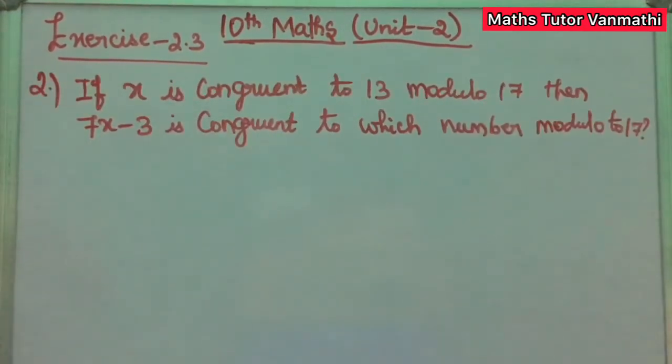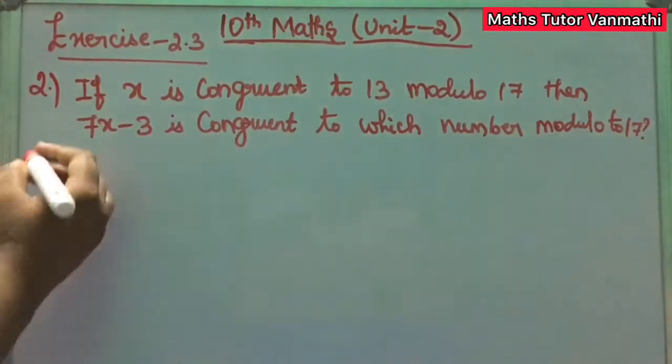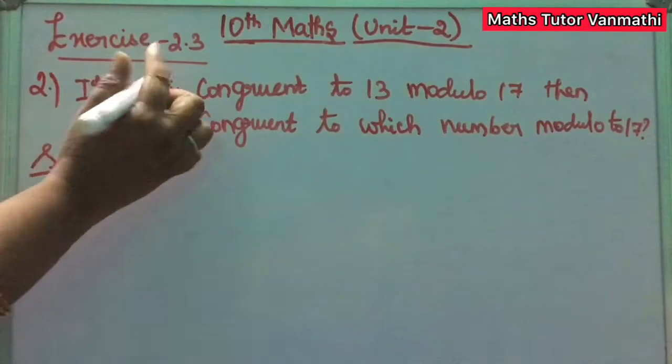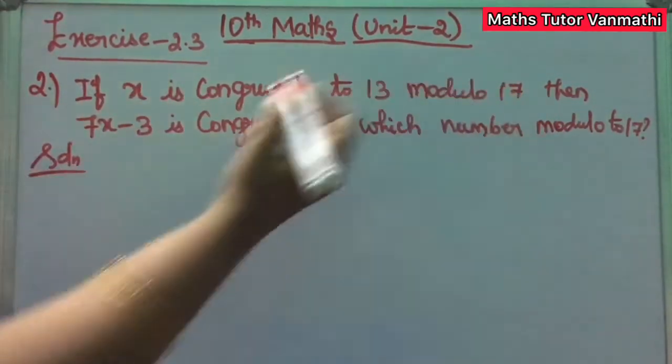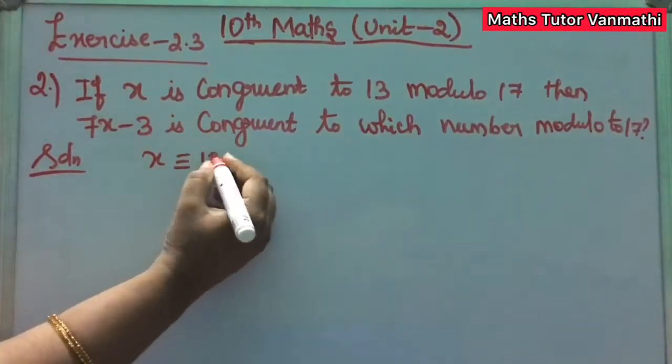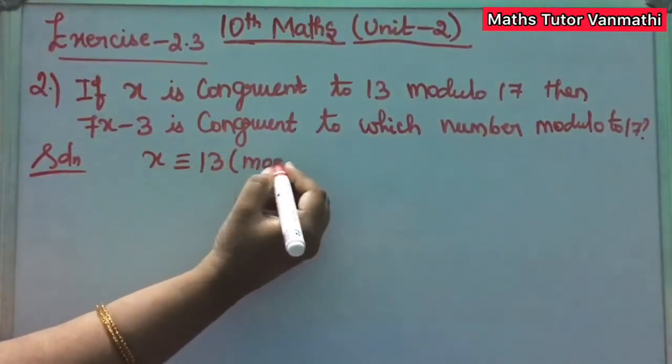Exercise 2.3, second problem. If x is congruent to 13 modulo 17, then 7x minus 3 is congruent to which number modulo 17? This question they have given in the written form. Now we are going to write it in the form x is congruent to 13 modulo 17. That is, x is congruent to 13 modulo 17.